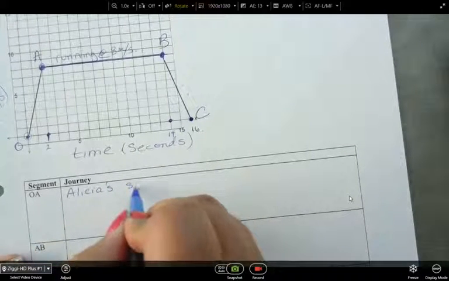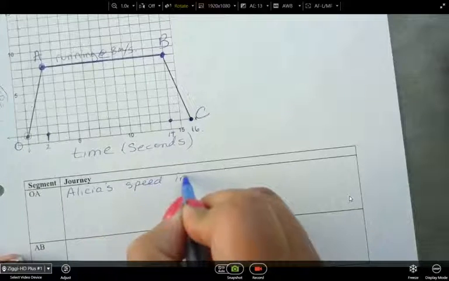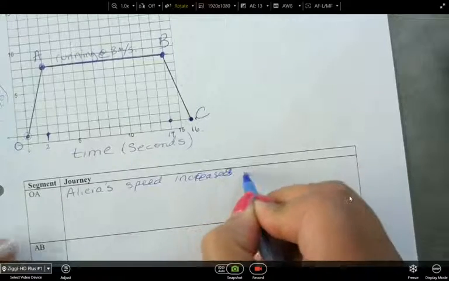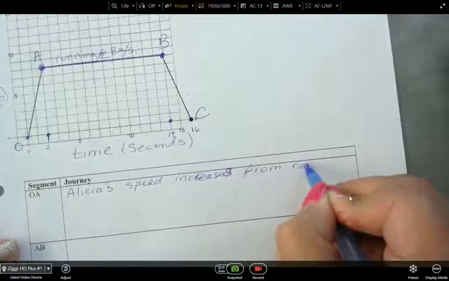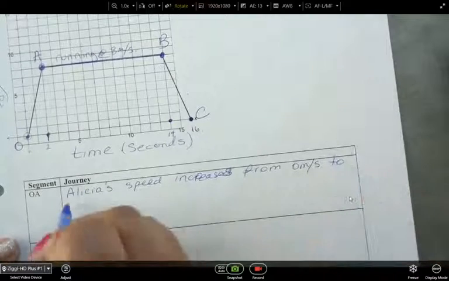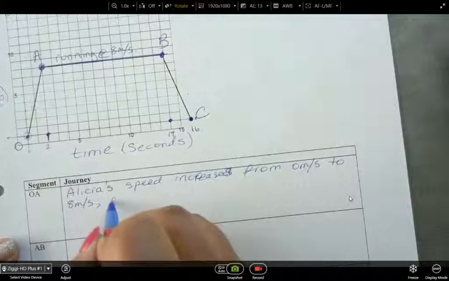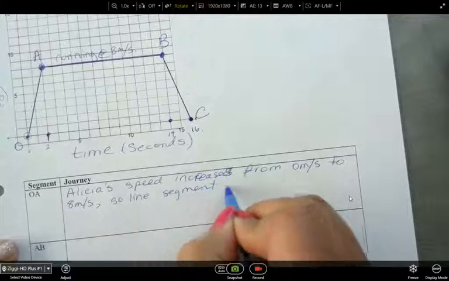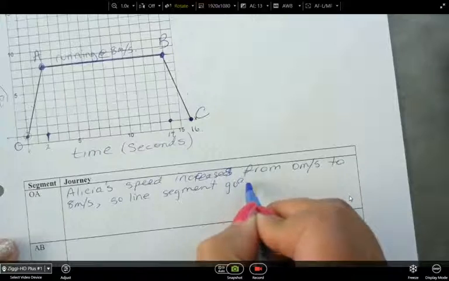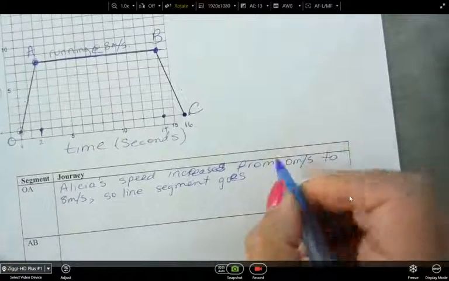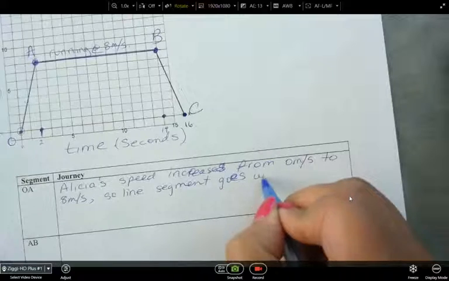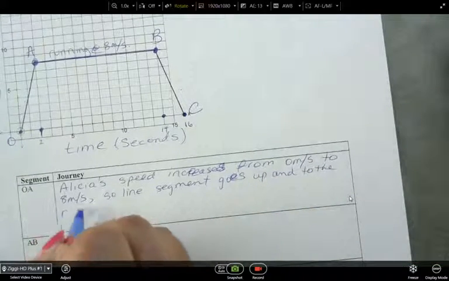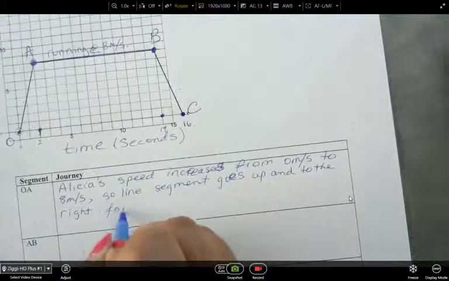Alicia's speed increases from 0 meters per second to 8 meters per second. So the line segment goes up and to the right, for the first 2 seconds.